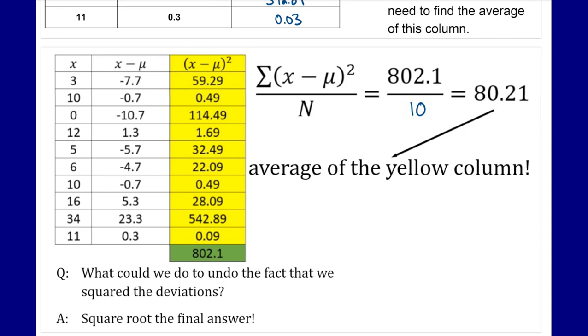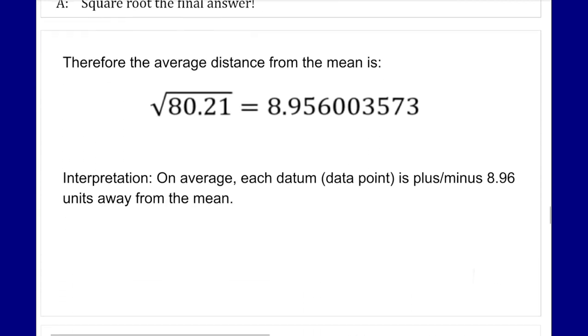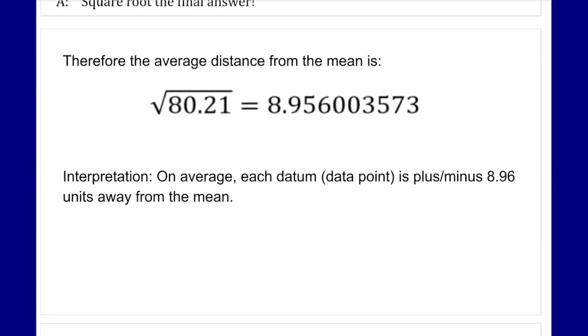So that is the average of our yellow column. So that's the average of the squared distances, right? So to undo the fact that we squared our numbers, we need to then square root that final answer.